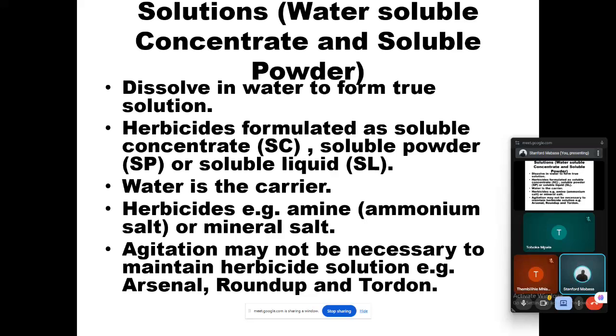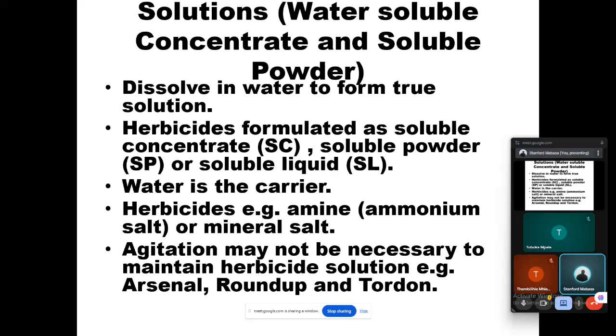Herbicides, for example, ammonium salt or mineral salt. This could be the formulation. Agitation may not be necessary to maintain herbicide solution, or it could be an insecticide.